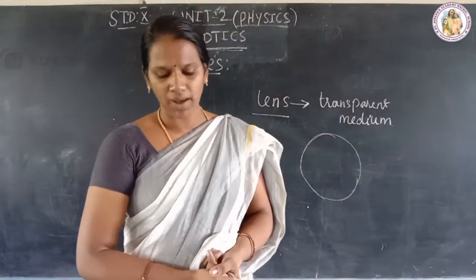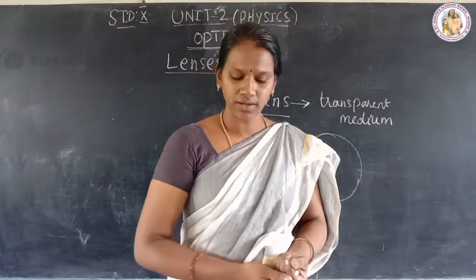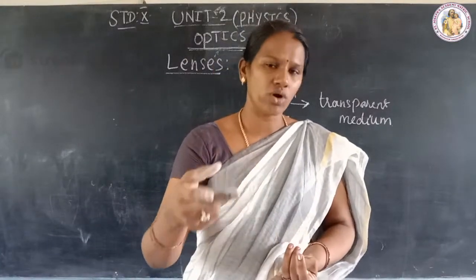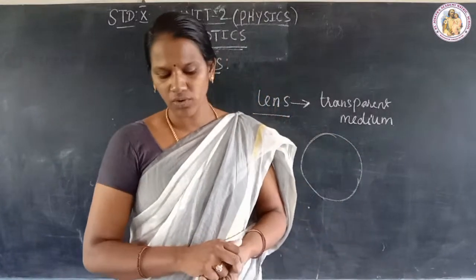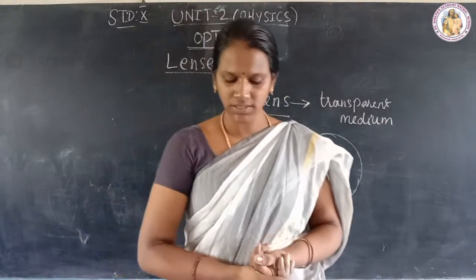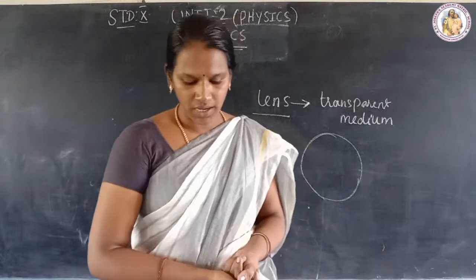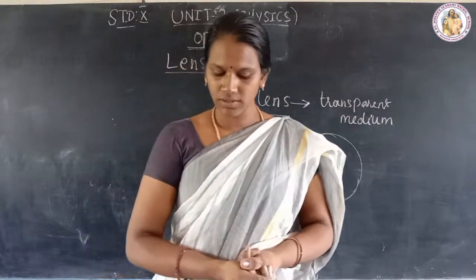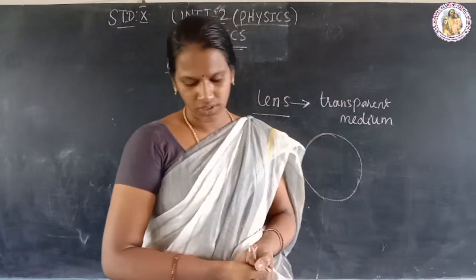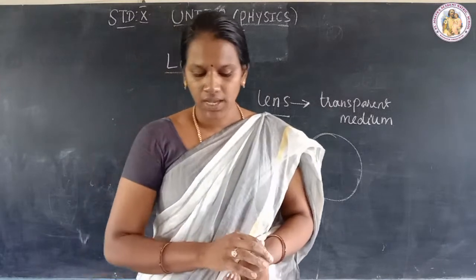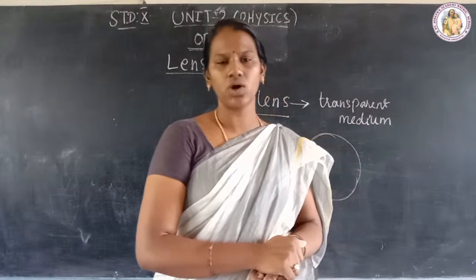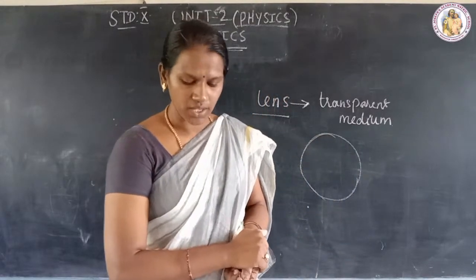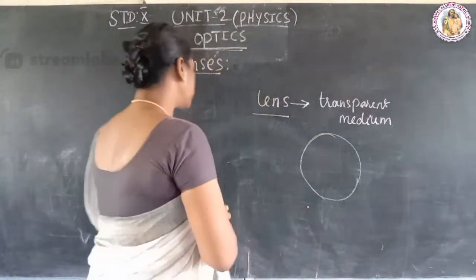A convex or biconvex lens is a lens bounded by two spherical surfaces, thicker at the center than at the edges. A beam of light passing through it converges to a point, so a convex lens is also called a converging lens.